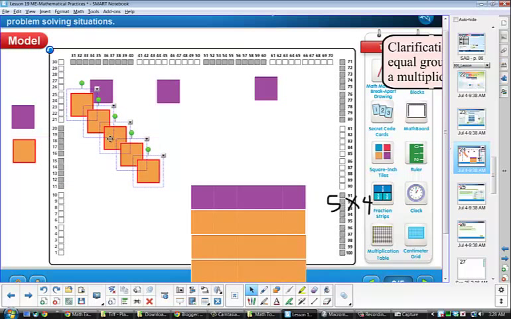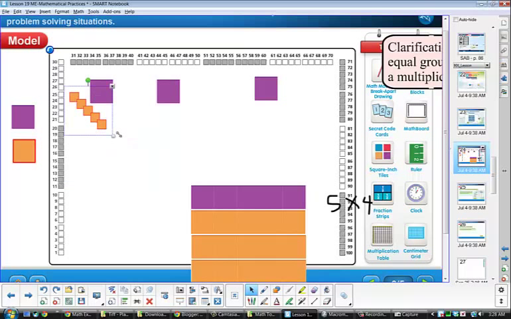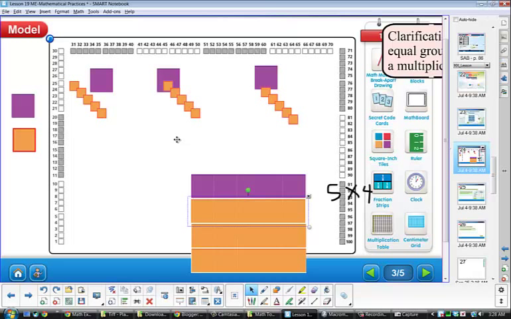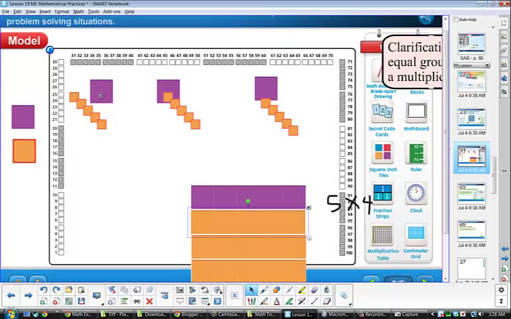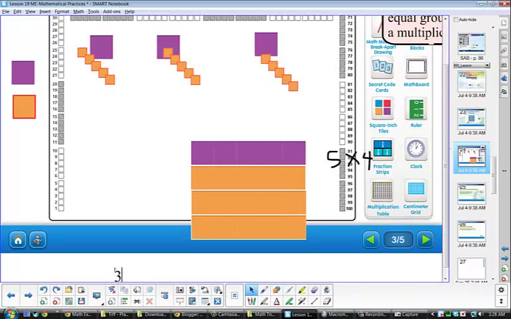There's 5 candies. There's 5 candies. Plus another sack with 5 candies and another sack with 5 candies. So if you notice, this is an array down here, 5 times 4, and this is equal groups. We have 3 equal groups, so this would actually be 3 times 5.